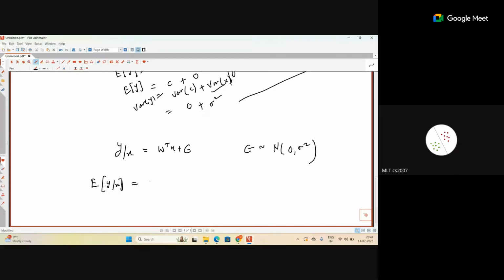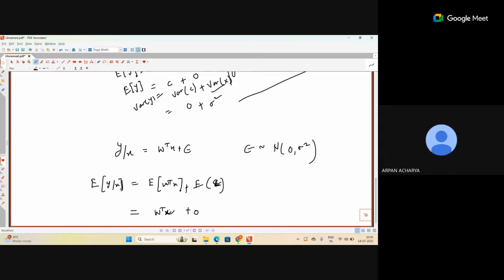That is expectation of W transpose X plus expectation of epsilon. What is the expectation of epsilon? It is 0. And for the expectation of W transpose X, it is a constant, so it will be W transpose X, because it is a dot product between the two vectors W and X.